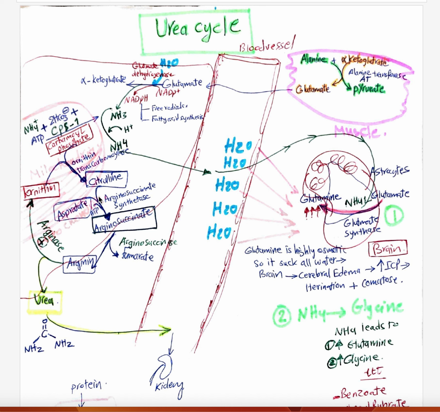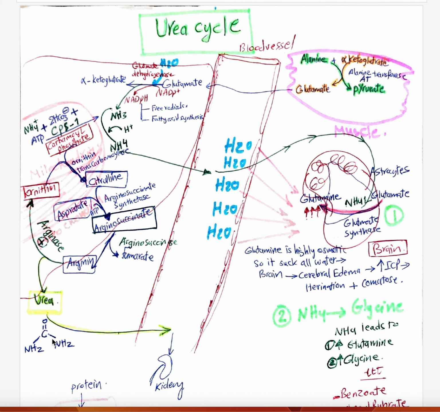The citrulline with aspartate, by the enzyme called argininosuccinate synthase, leads to the formation of argininosuccinate. And then by argininosuccinate lyase, which means there is a lysis, that leads to the production of fumarate and arginine. And then arginine, by arginase, can lead to urea.